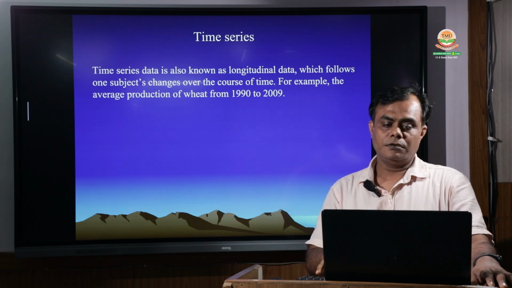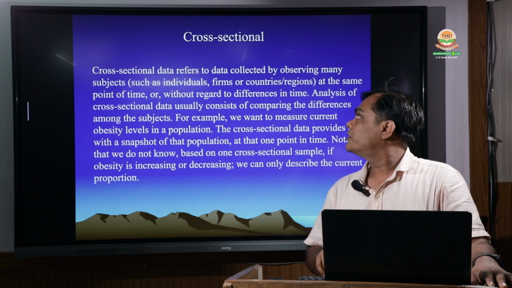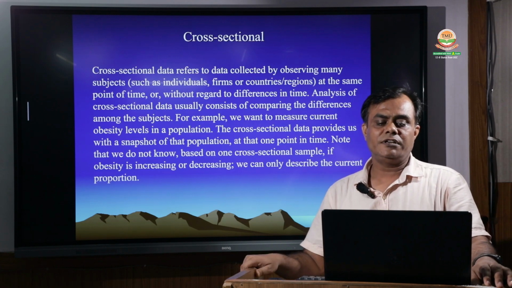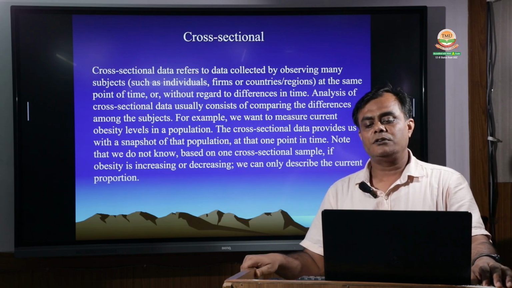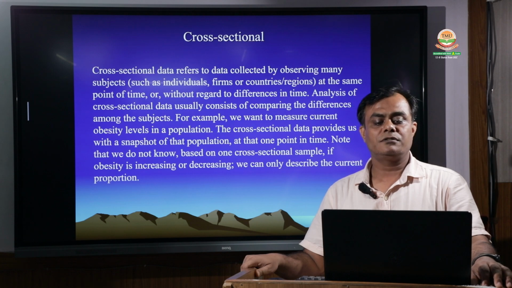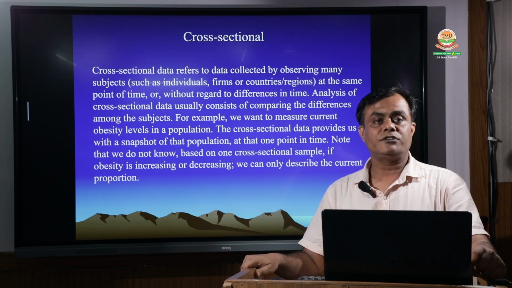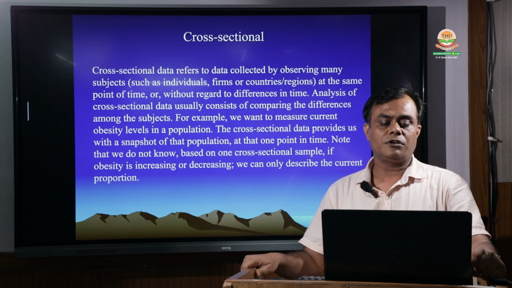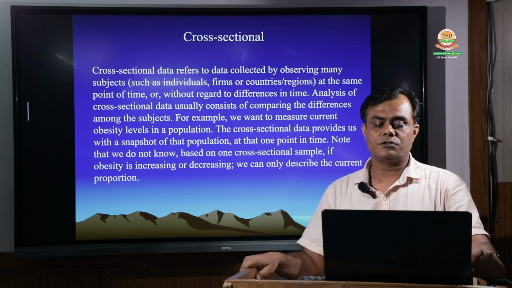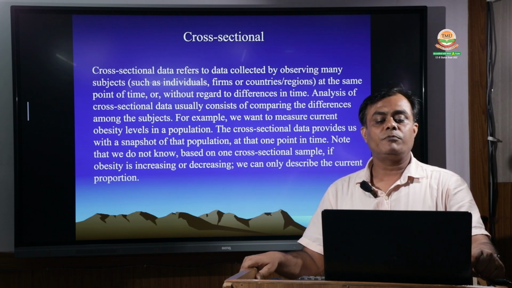The next type of data is cross-sectional data. In cross-sectional data, the data is collected by observing many subjects, such as individual farms, countries or regions, at the same point of time, without regard to different times. Analysis of cross-sectional data usually consists of comparing the differences among the subjects.